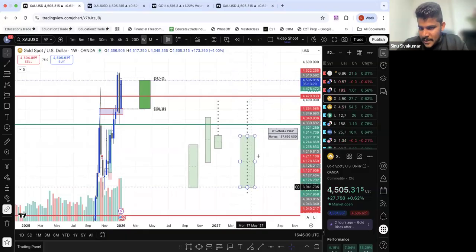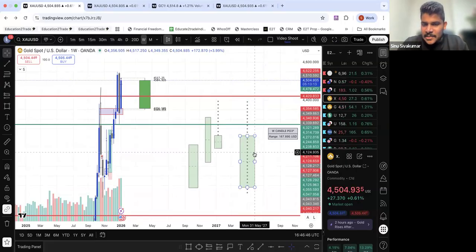Now, can I have an answer for this particular candle? Buyers or sellers? Those who are saying buyers, please type B. Those who are saying sellers, please type S. Those who have said sellers, if you can come forward and ask, even if it's a simple small doubt, feel free to ask.